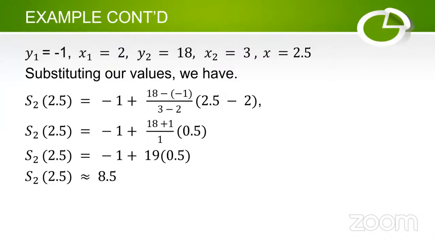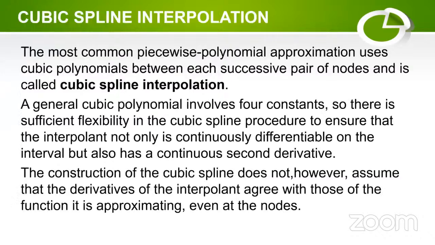Next, we go to the cubic spline interpolation. The most common piecewise polynomial approximation uses a cubic polynomial between each successive pair of nodes, and such a method is called the cubic spline interpolation.